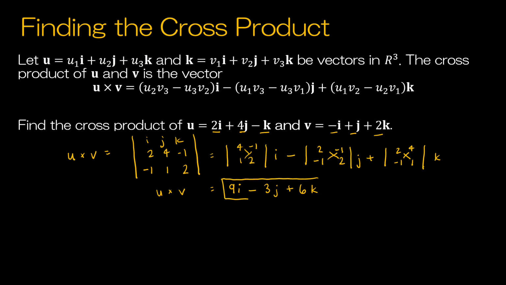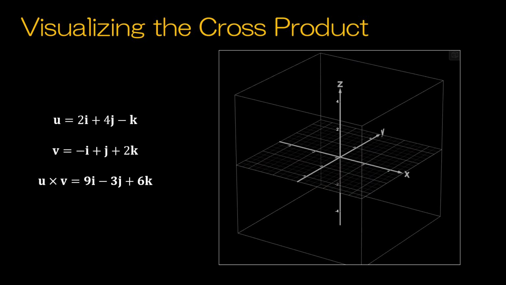This vector is a new vector in R3 that is orthogonal, or perpendicular, to my original two vectors u and v. Let's now graph the vectors so that we can at least visually inspect that these are in fact orthogonal vectors. Our first vector u is 2i plus 4j minus k, graphed in red.